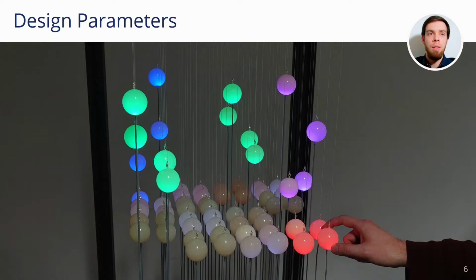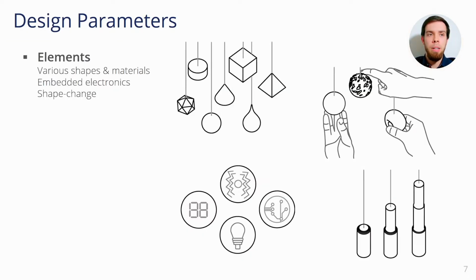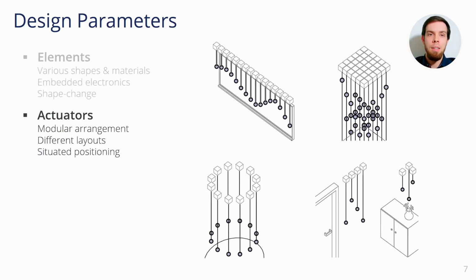To achieve this, we investigate the design parameters of such string-based systems. These affect its configuration, appearance, or functionality. To create mid-air visualizations, we first thought about different elements. These could range from passive shapes of different materials to elements with embedded electronics or complex internal structures. Next, we want to have modular actuators that can be arranged in different layouts, or wherever they are needed for situated use cases.